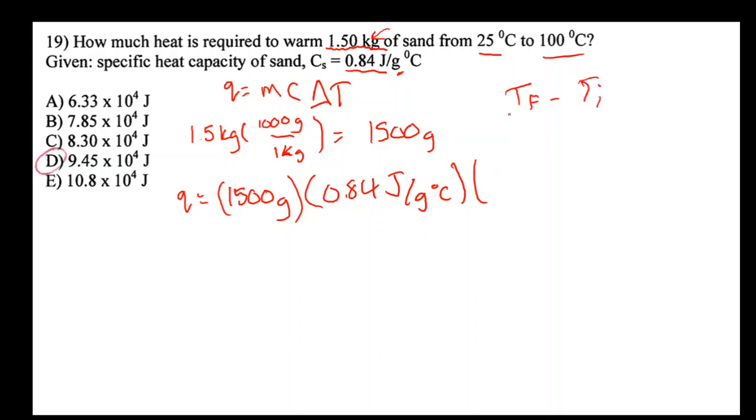So in this case, our temperature final will be 100 degrees Celsius minus our initial temperature of 25 degrees Celsius. Essentially, if you plugged all that through your calculator, you should get an answer for Q in joules, which is the answer there, times 10 to the 4 joules.